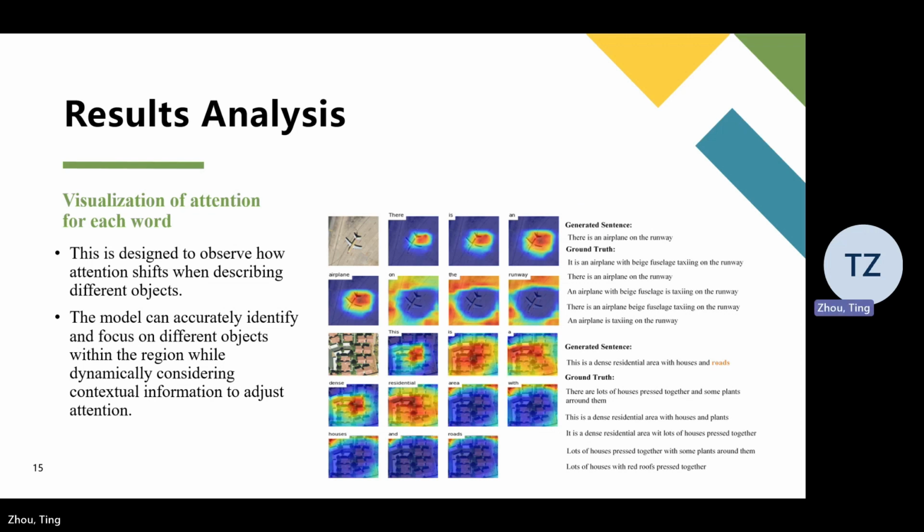Further, we conduct the visualization of attention for individual words in a sentence based on the FP-based method. This is designed to observe how attention shifts when describing different objects. Through the images, we can see that attention changes dynamically when describing different words.